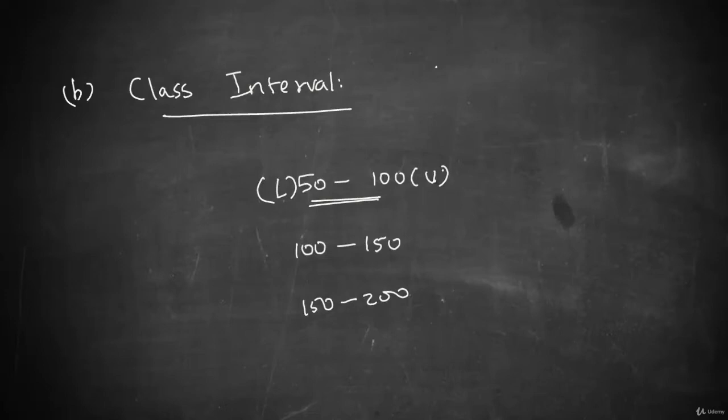So the upper limit of one group, say the upper limit of the first group, would be the lower limit for the second group, and the upper limit of the second group will be the lower limit for the third group.